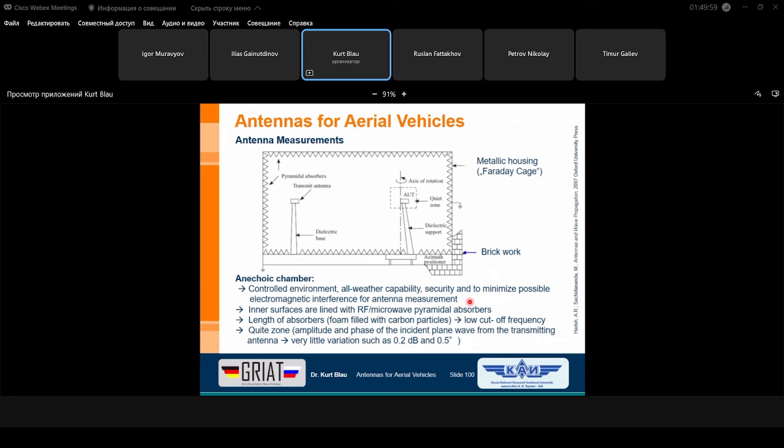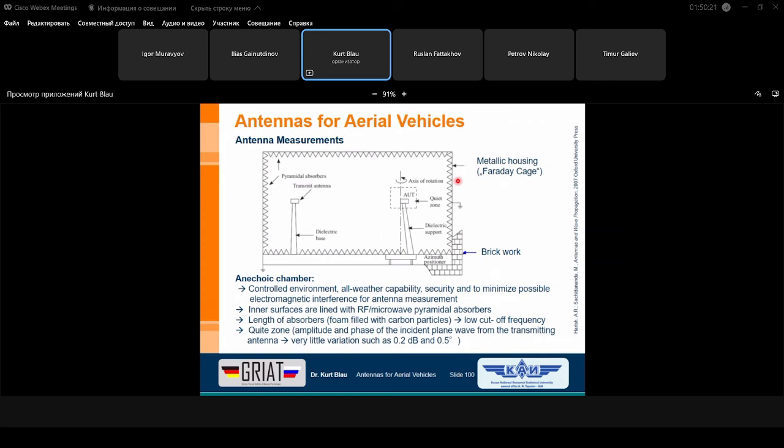And this is one of the problems why they use this anechoic chamber, to keep out radio signals from outside. This is shown here. This is the metallic housing, or another name, Faraday cage.